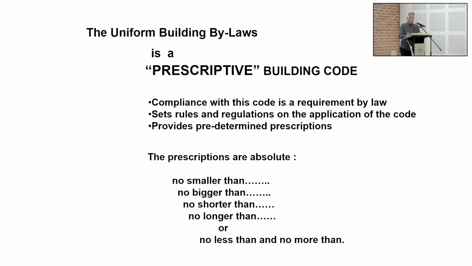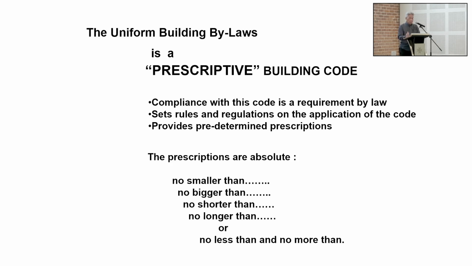Now, as we know, our first Uniform Building Bylaws was gazetted in 1984, right? And that one was led by our very honorable, the late Datuk architect Kington Lu. He was the one who was really championing the development of the Uniform Building Bylaws, and it was gazetted in 1984.